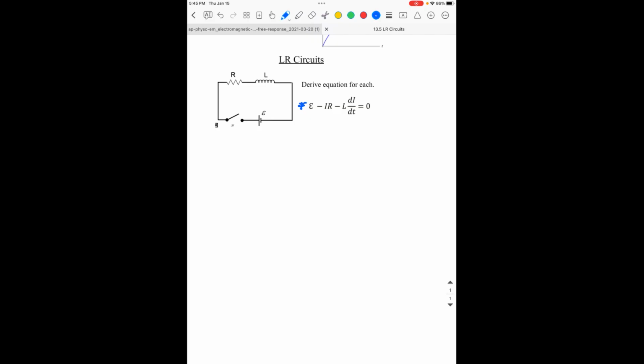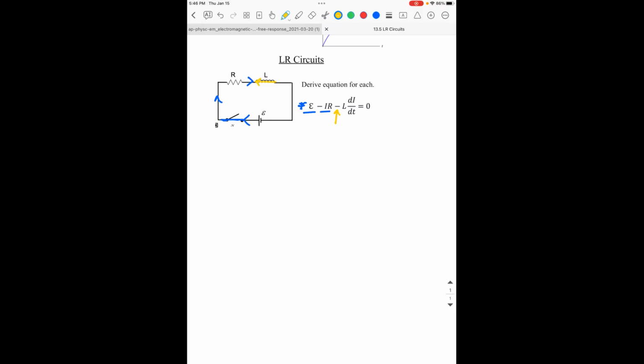Hopefully you can see that when this switch is closed, my current is going to flow in this direction, and if I follow the flow of current, I've got an EMF from the battery, that's positive, voltage through the resistor, that's negative because it dissipates, and my inductor is going to induce a current to oppose that increase in current when the switch is closed, and that means I'm going to get a negative L dI/dt.